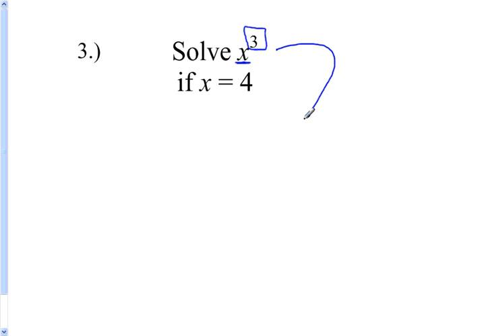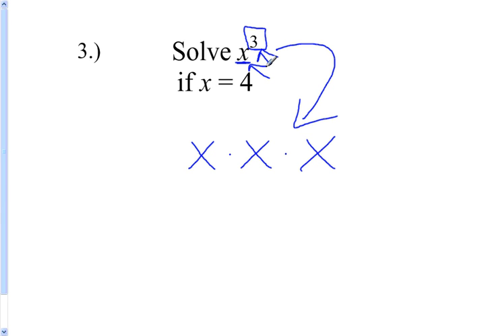So x to the third power means x times x times x. That's all. The third power, that exponent up here, that 3, tells us how many times we're going to multiply this number times itself. So x times x times x.